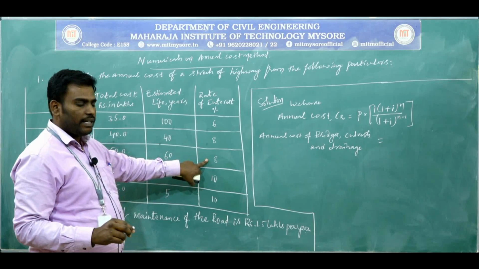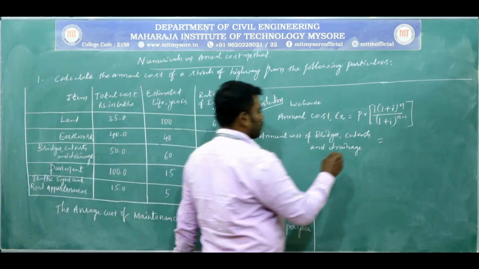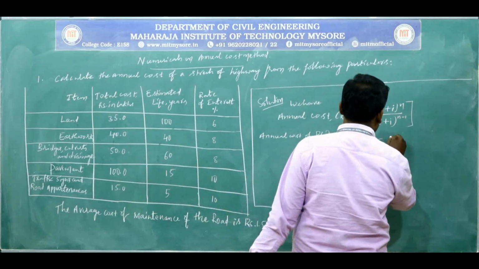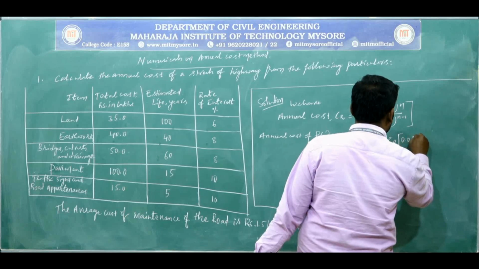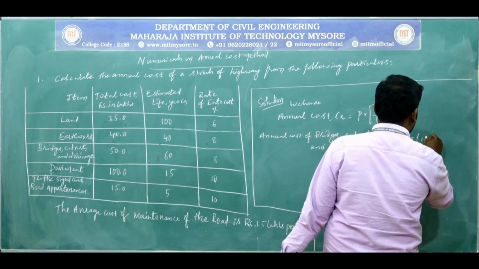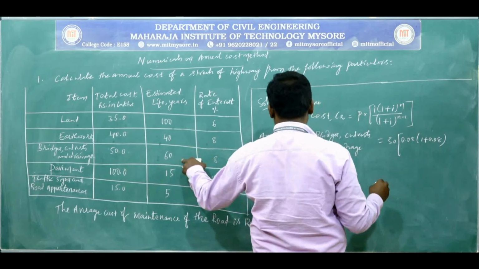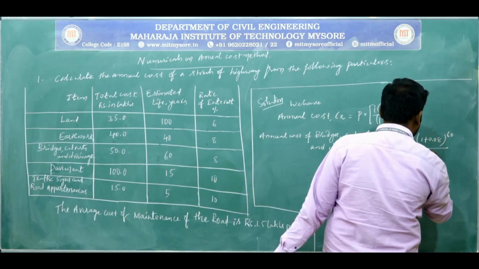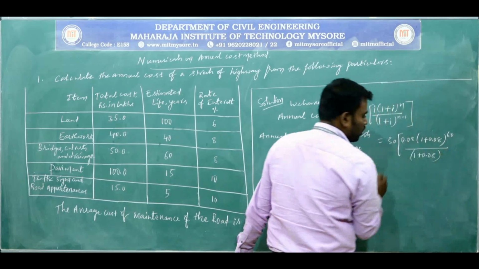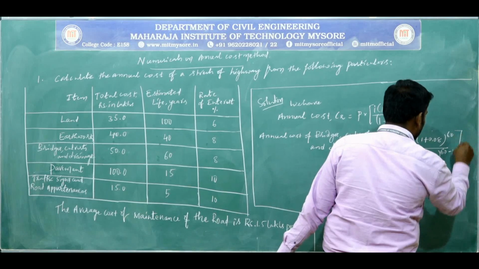and rate of interest is 8%, that is 0.08. Okay, then it is 50 multiplied by 0.08, 1 plus 0.08 power n, where n is 60, divided by 1 plus 0.08 power n minus 1.